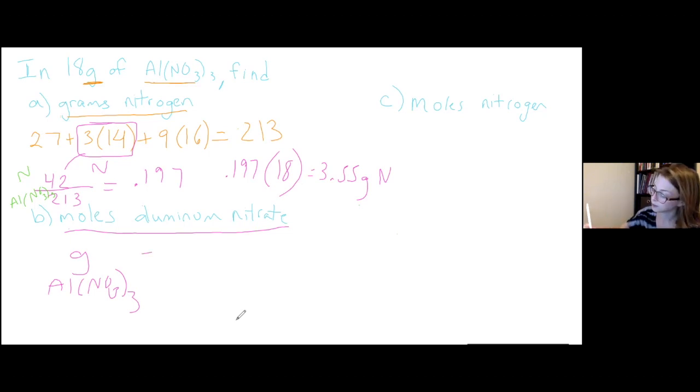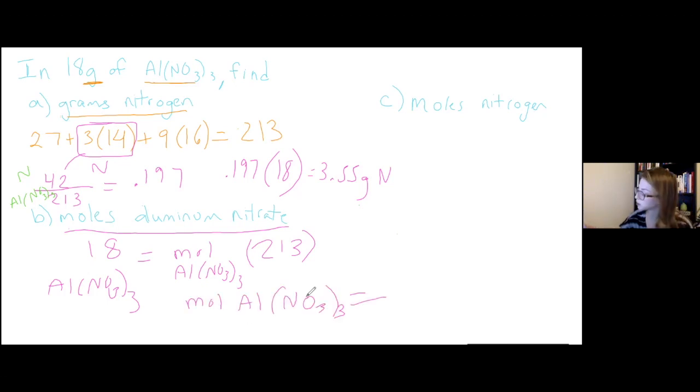I want the moles of aluminum nitrate, so I'll use the grams of aluminum nitrate and the molecular weight of aluminum nitrate, which we found earlier was 213. So for those grams, what I'm going to be able to plug in here is the 18. 18 divided by 213. I will get my moles of aluminum nitrate to be 0.085.